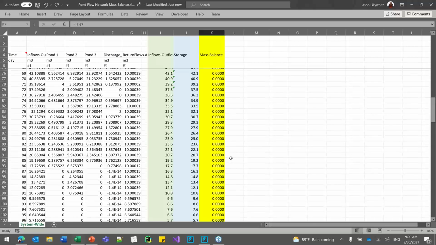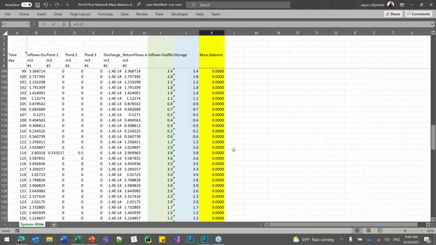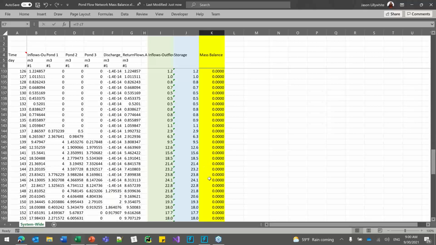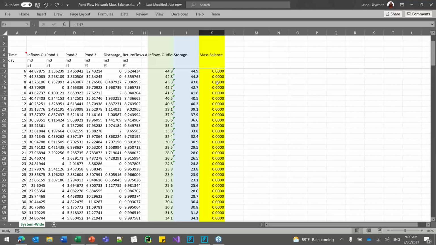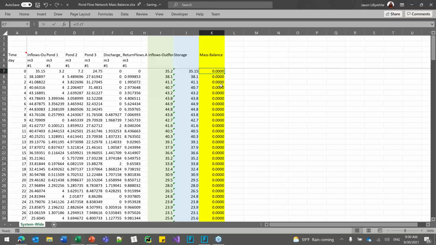And so you could do other things, like you could highlight if there's ever a mass balance error in here anywhere, and you could even report mass balance errors back to GoldSim on subsequent runs if you wanted to. But it's pretty simple just to do any kind of thing like that in Excel and provide this as a report.